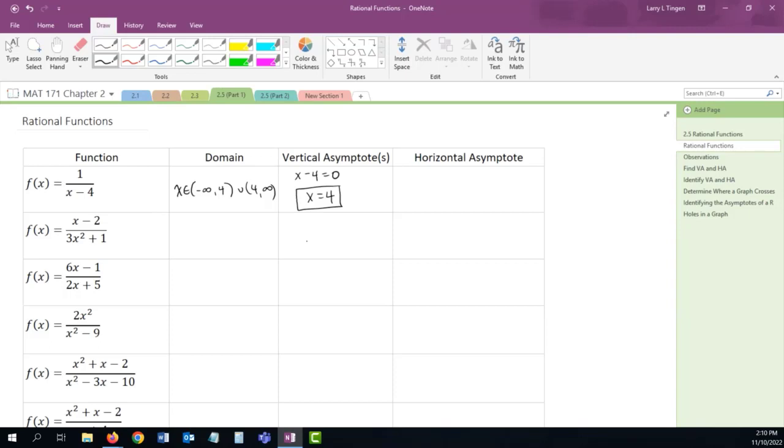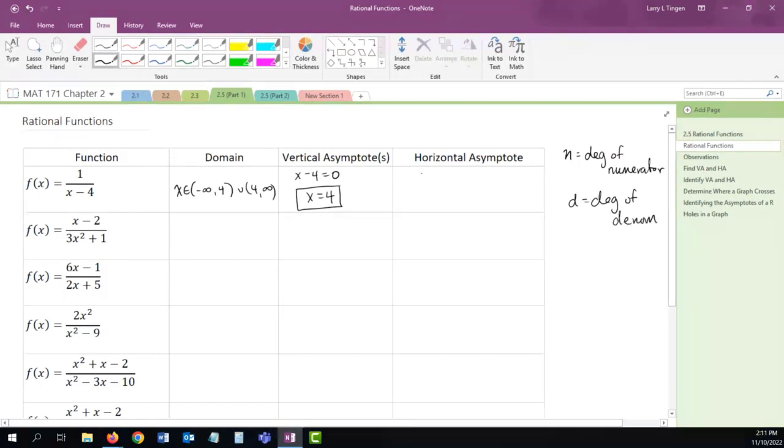Okay. The horizontal asymptote has three different possible outcomes. Let lowercase n be the degree of the numerator, and lowercase d be the degree of the denominator.